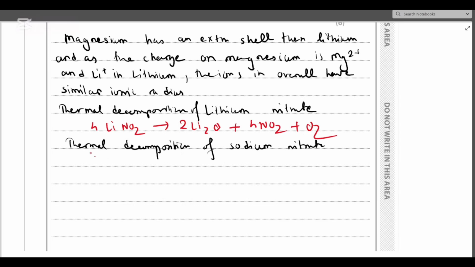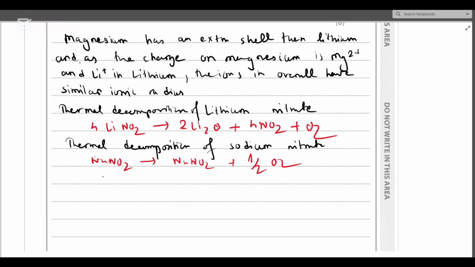Well, we have sodium nitrate being decomposed to give sodium nitrite plus oxygen down here. Okay, so what are the differences and what are the similarities? We can clearly see that lithium and magnesium nitrate produce nitrogen dioxide, right? But sodium nitrate does not.